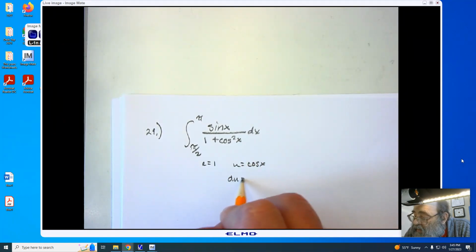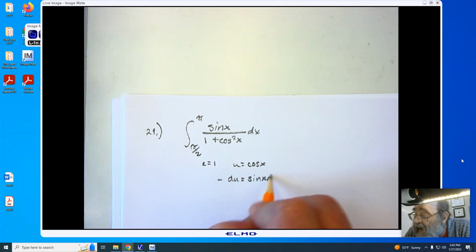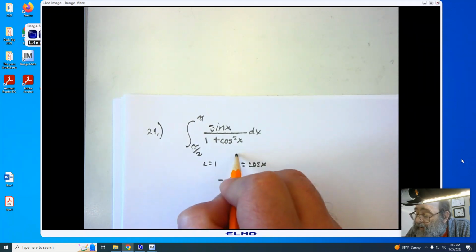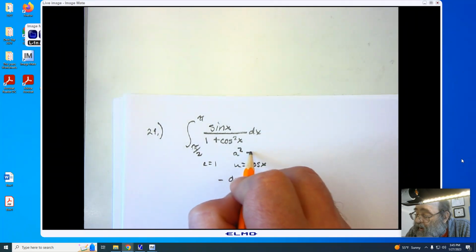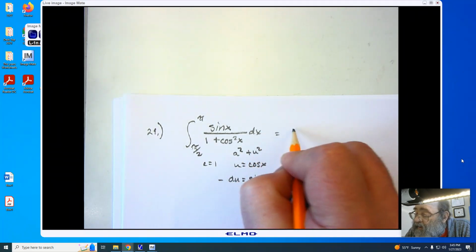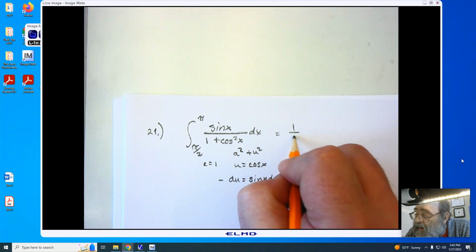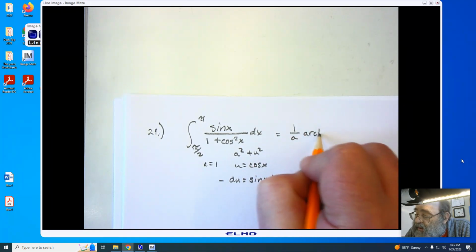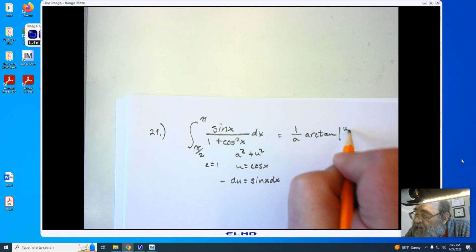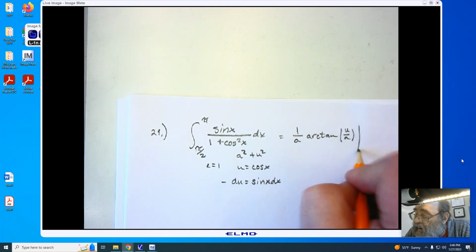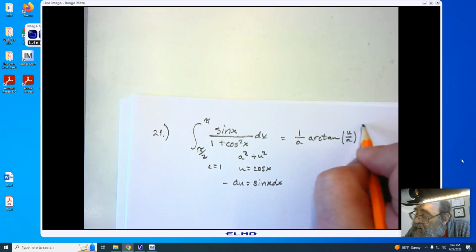Du is going to be negative sine x dx. The pattern that I'm working with is a squared plus u squared, and this is 1 over a arc tangent of u divided by a, and we're going from pi over 2 to pi.